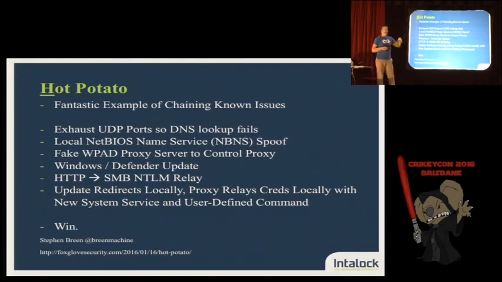So he exhausted UDP ports as a source port, and he was able to skip the DNS server check and just make the system broadcast the NBNS request. And then, through a series of steps, which I'd have a read of, he flooded responses back, and essentially anything looking for WPAD, i.e. when you fire it up, it says, hey, is WPAD on the local domain.